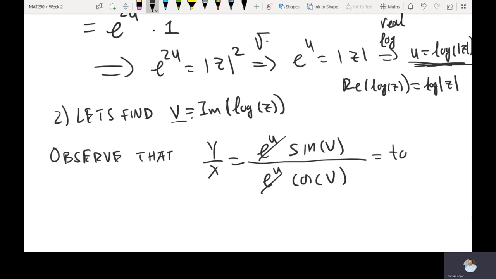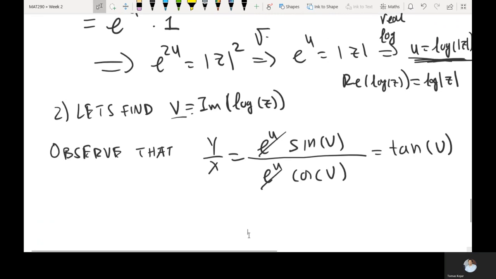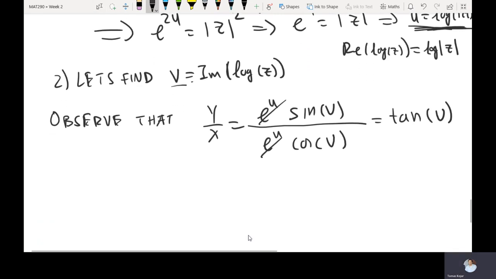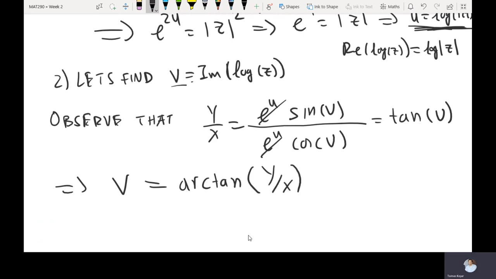So we get the tangent of v. So v is the arctan of y over x, which from previous class is just the argument of z.